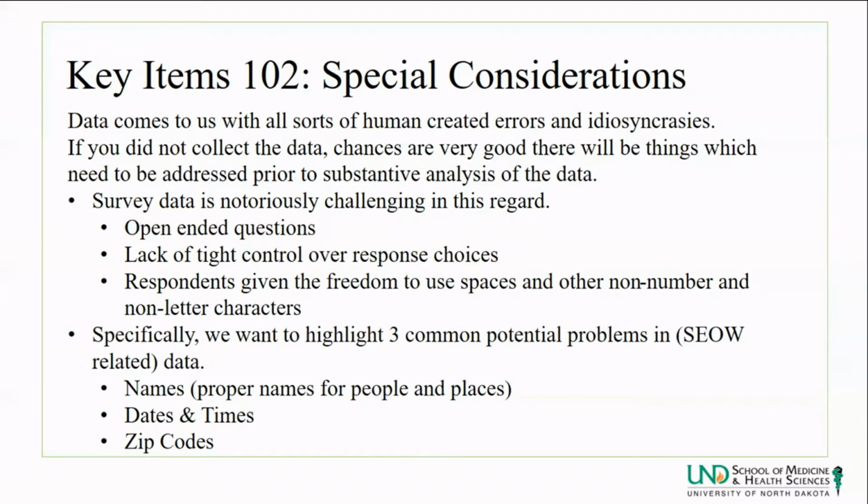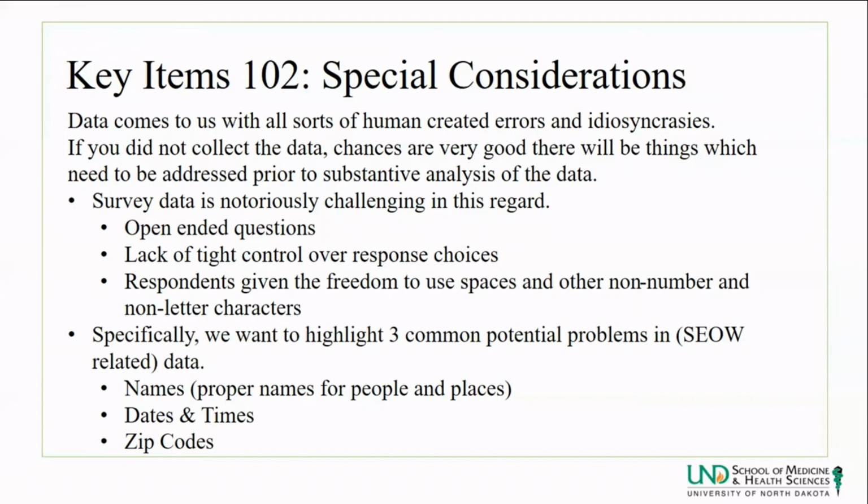The key thing with the survey is to make sure you have pretty tight control over what the response choices are, and don't give respondents the freedom to use a bunch of characters and funny faces and emojis in their responses, because that data is very difficult to analyze later. It can be done. It's a challenge. It's not a game changer, but it can be very difficult.